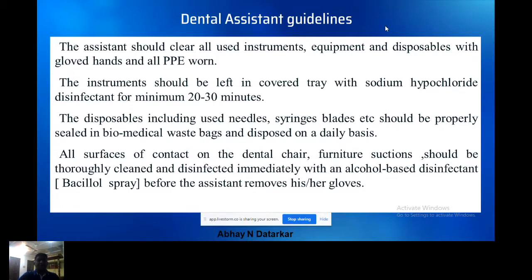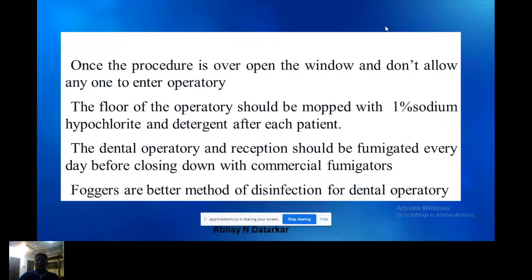All the surfaces where you feel they are contaminated, like the chair, the furniture, and the suction, should be thoroughly cleaned with alcohol-based disinfectant solutions. Or you can use bacillol or sodium hypochlorite. Once the procedure is over, open the window and don't allow anyone to enter. It's very, very important.